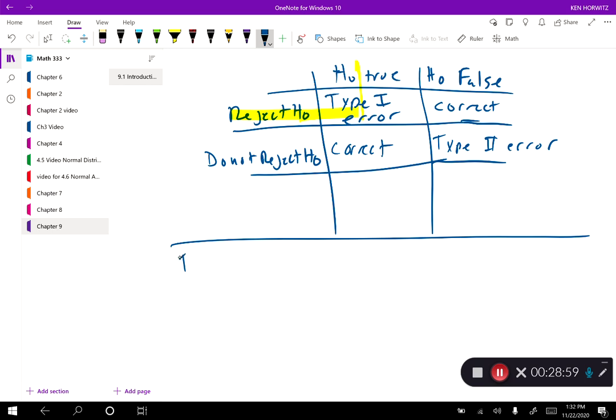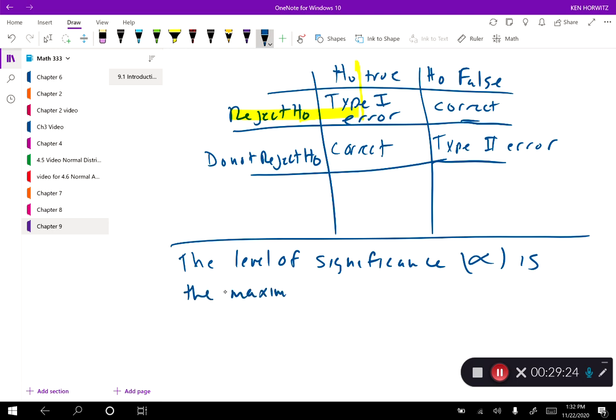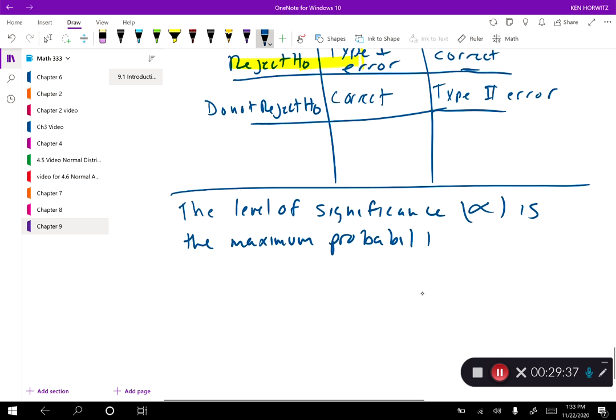Well, the level of significance, also known as alpha, is the maximum probability of a type 1 error.